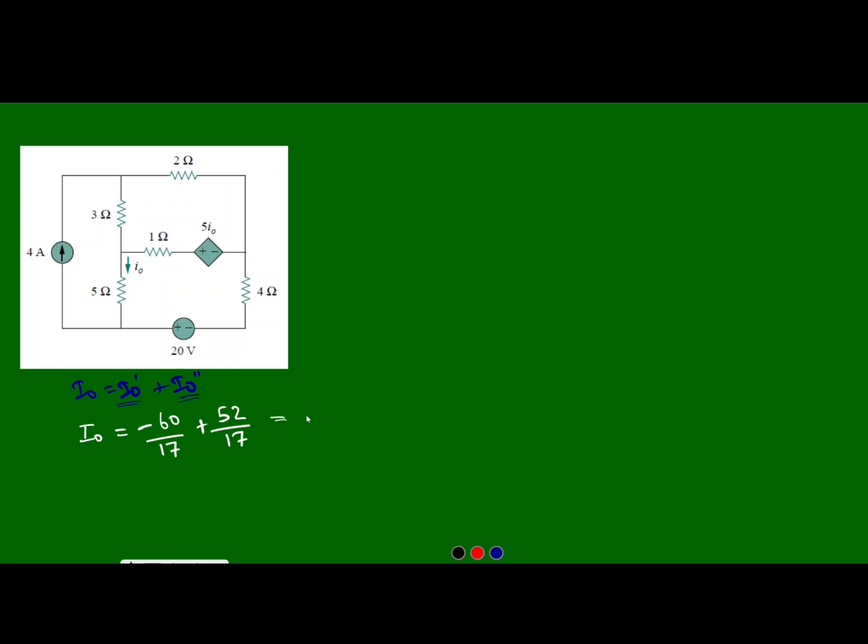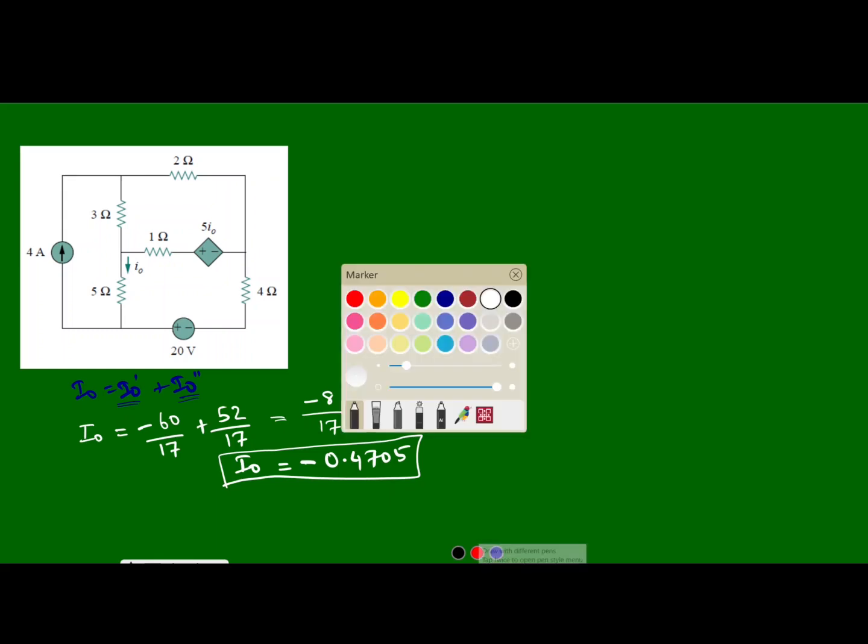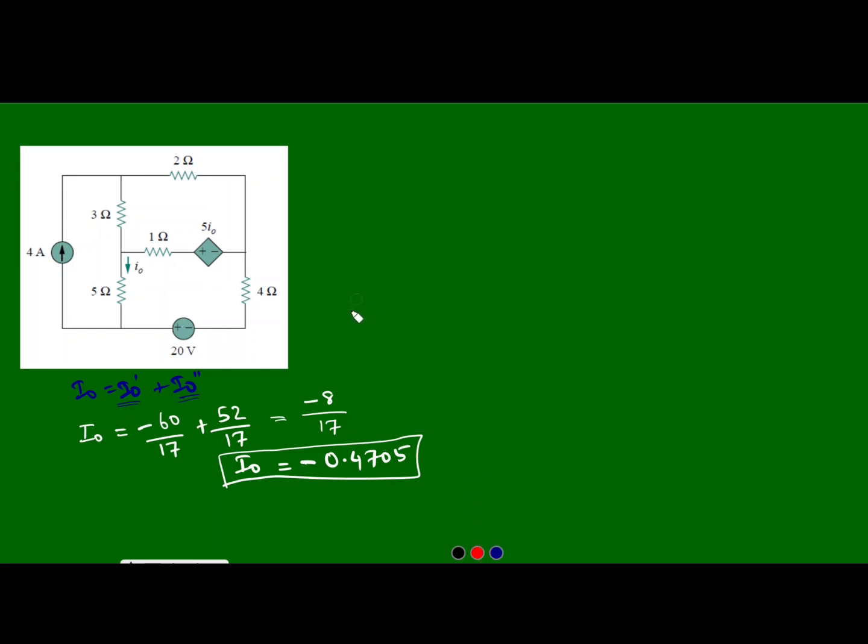So the result will be over 17, and the numerator term will be negative. So when we solve this, negative 0.4705, this is I0. Now the current direction which is given in the diagram is downwards, but as per our calculation, the current direction of I0 is opposite to the direction shown in the diagram.